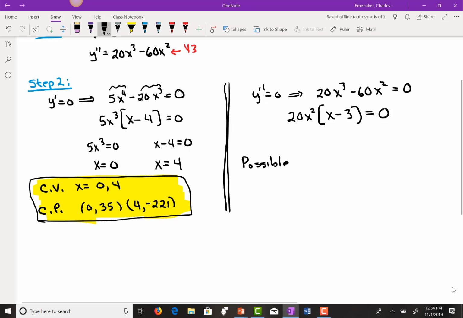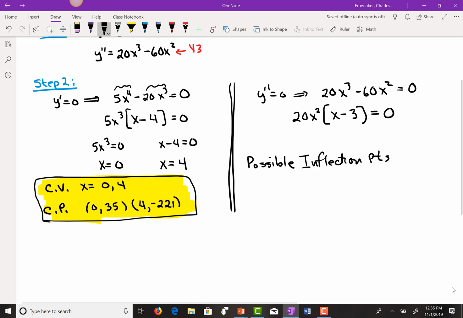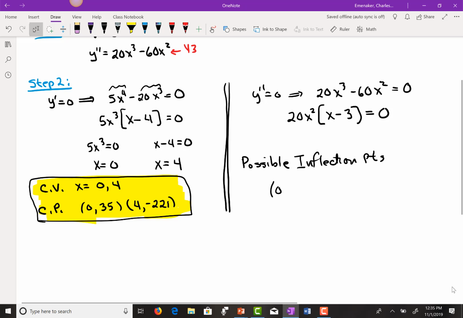This then gives us possible inflection points. Just like the critical points, we don't know for sure if they're truly inflection points or not, but they're possible inflection points of 0, comma, something or other, and 3, comma, something or other. Where did I get 0 and 3 from anyway? Okay, we solved this, 20x squared equals 0, which means x is 0, right?